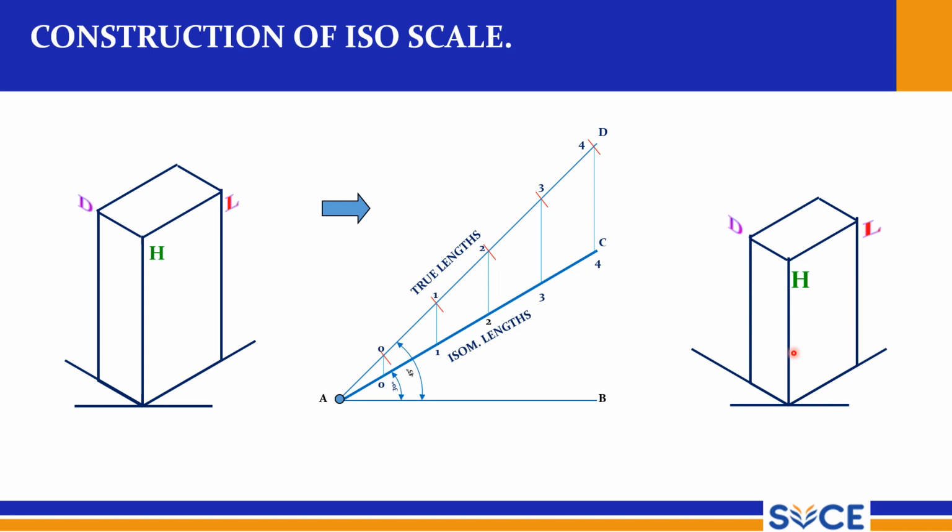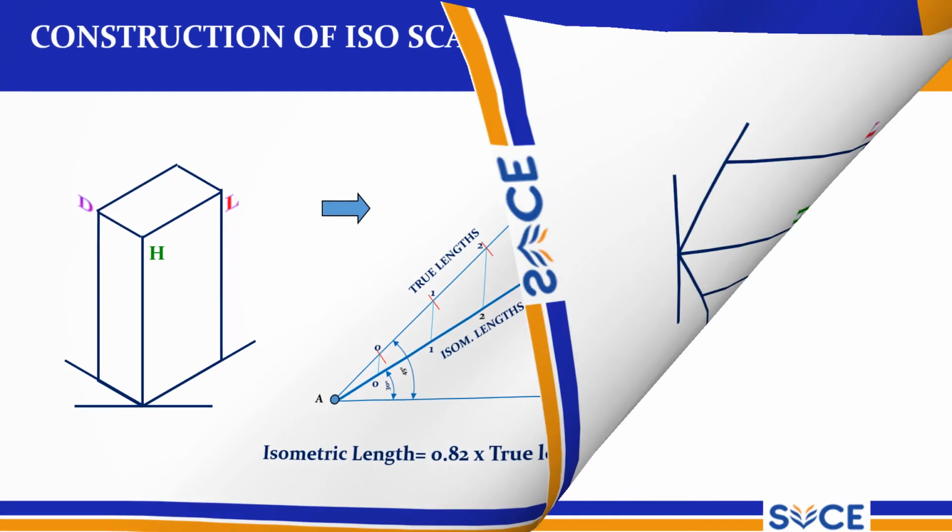Once you multiply with 0.82, you get a reduced view like this. So isometric length equals 0.82 into true length. This is the mathematical relation. Instead of this, you can use this scale, so that saves you time also.